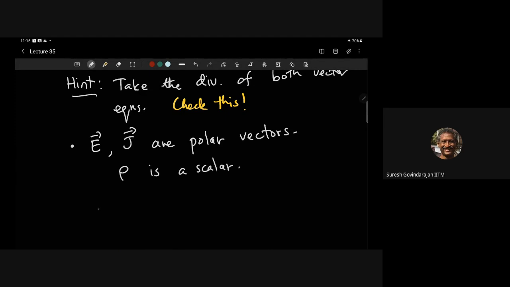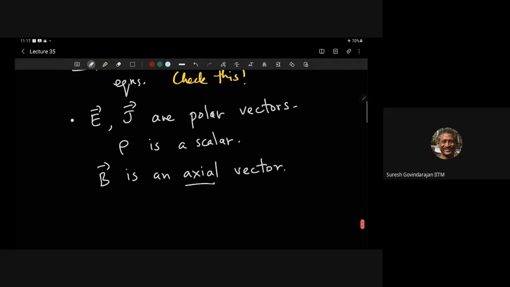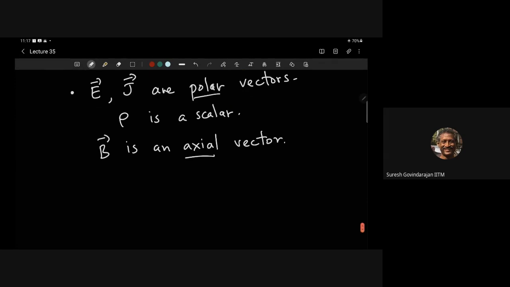B, what is B? It's an axial vector. You remember early on in this course we decided how things transform under parity also, right? And rotations. So this part is parity. So B doesn't change sign under parity. Are these points clear?